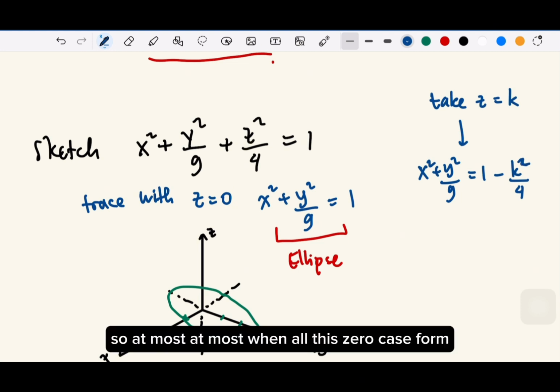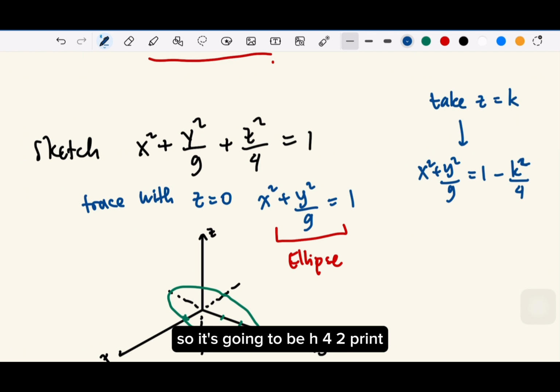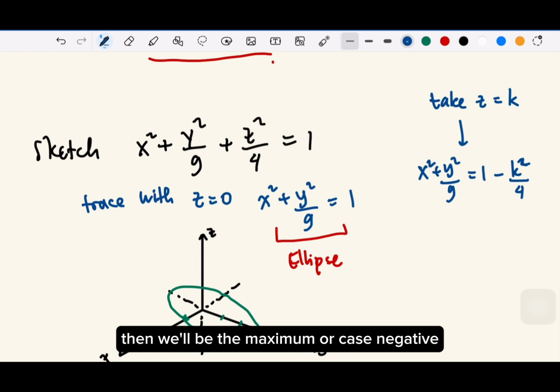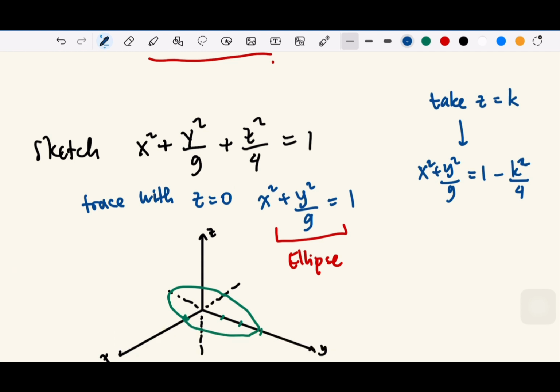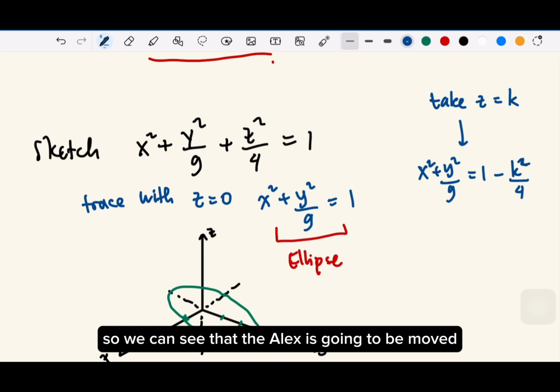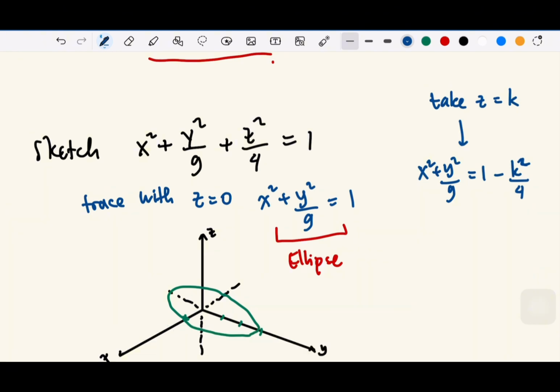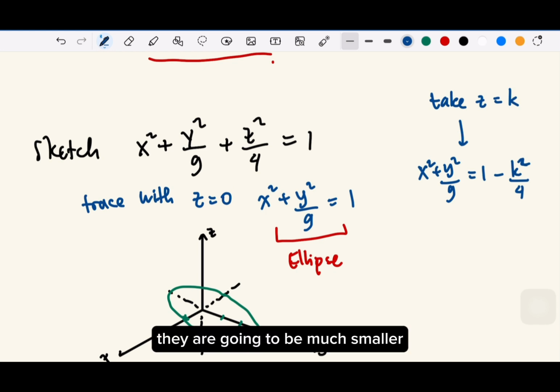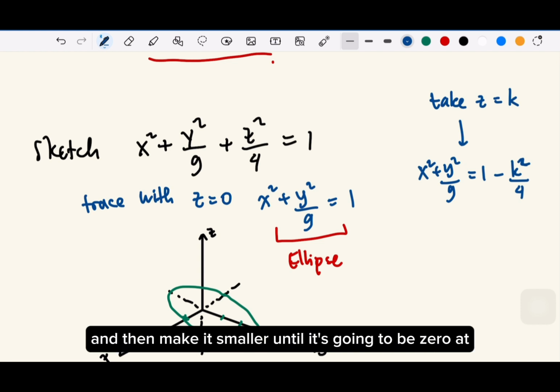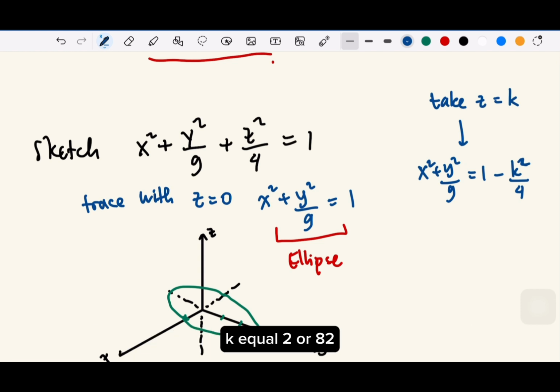So at most when all this is 0, k is 4, so it's going to be k equal 2, right? So k is equal to maybe here, that will be the maximum, or k is negative 2. Okay? So we can see that the ellipse is going to be moved upwards, and they are going to be much smaller, and then make it smaller until it's going to be 0 at k equal 2 or negative 2.